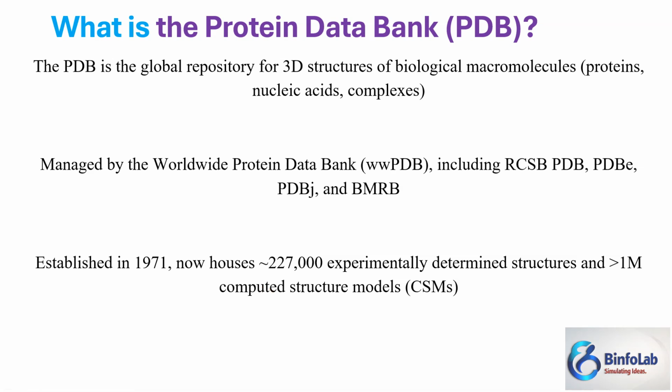Just to remind you once again, PDB contains structures from three experimental methods. One is NMR, another one is X-ray crystallography, and the third one is cryo-EM or cryo-electron microscopy. Apart from these three methods, all other structures are CSMs or computed structure models.